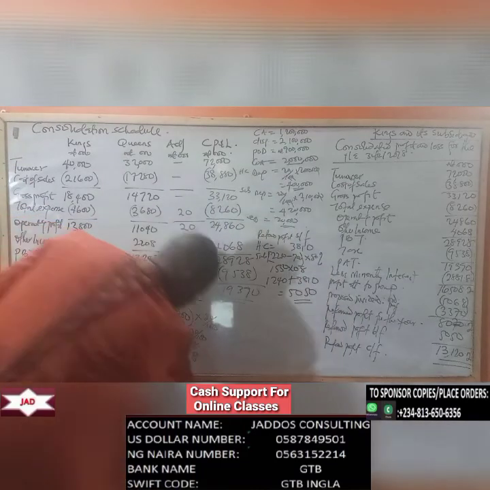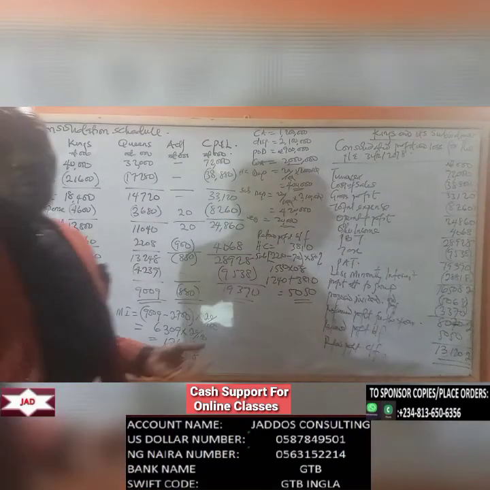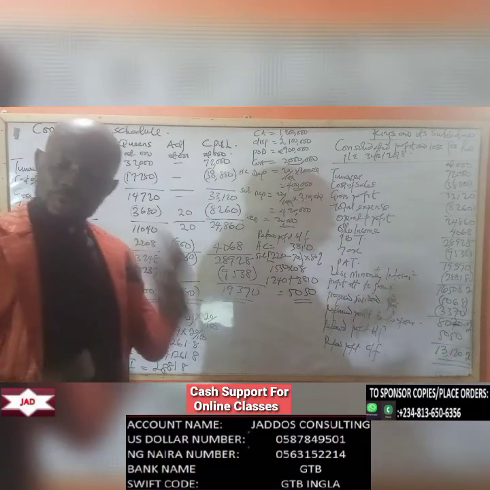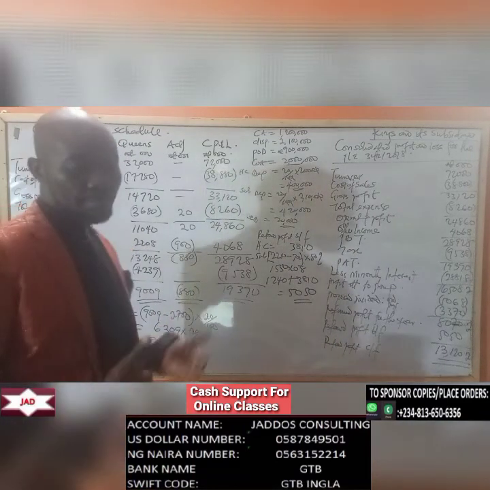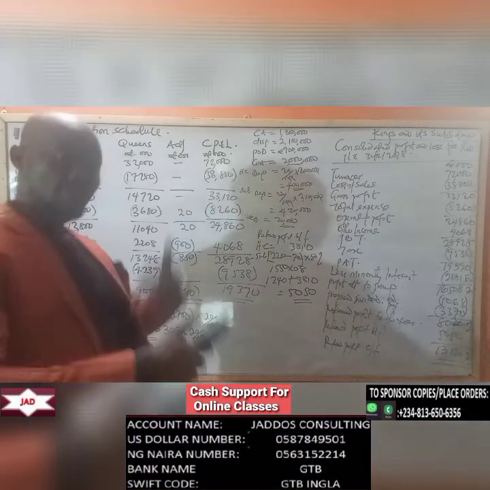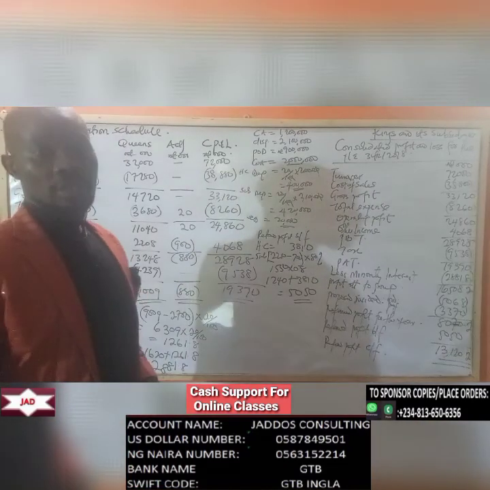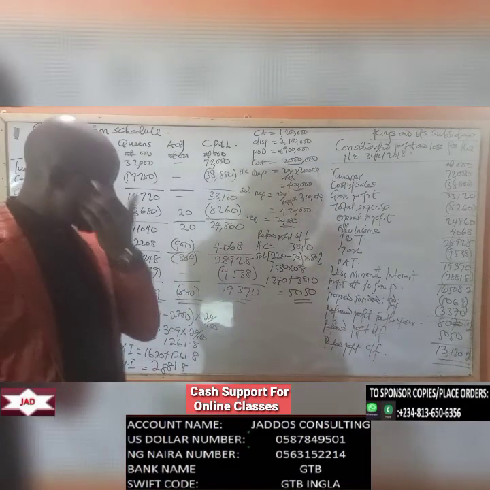Okay. So what we've done here is to take a question illustrating a scenario where there is preference dividend aside from ordinary dividend. So previously I've been talking about ordinary dividend, but here we have included preference dividend. So we'll talk about how to treat it.